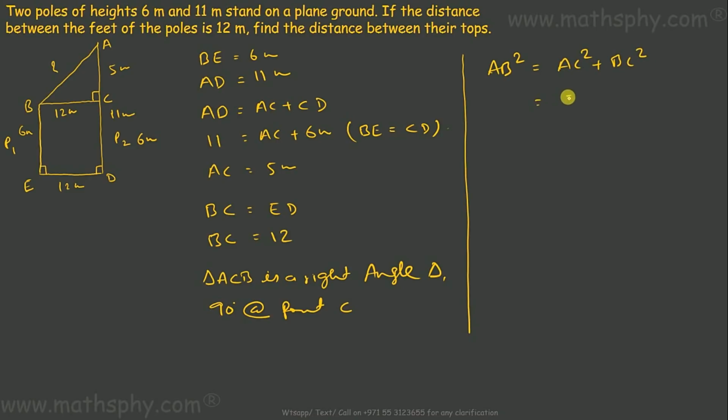AC is 5, 5 square. BC is 12, 12 square. So 25 plus 144, which is 169. So AB would be root 169, which is 13. So this will be 13 meters. So distance between the tops would be 13 meters. Alright.